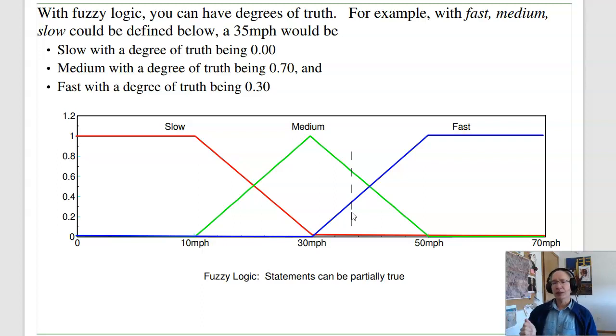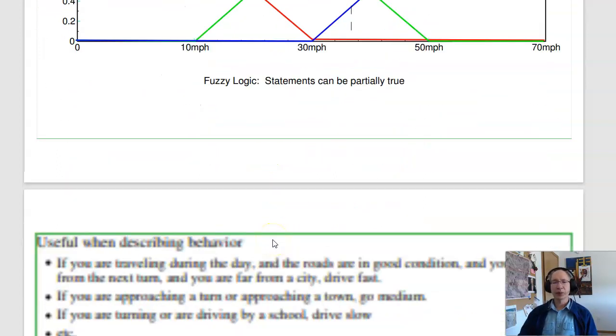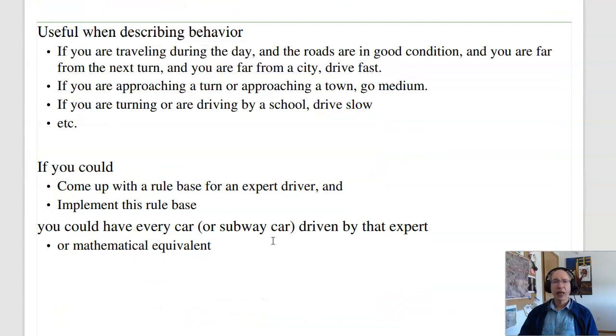They implement a set of rules, such as: if I'm driving, the roads are clear, it's a good day, the roads are in good condition, I can see far, I'm far away from the next turn and far away from the city, I'll drive fast. However, if I'm approaching a turn or approaching a town, I'll slow down and go medium speed. If I'm driving by a school, drive slow, and so on. So you can come up with all these sets of rules.